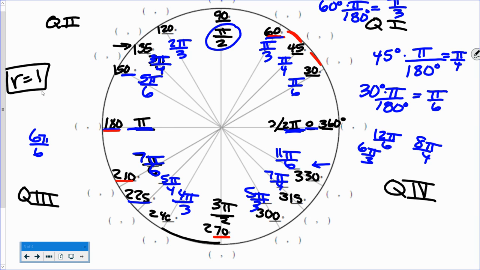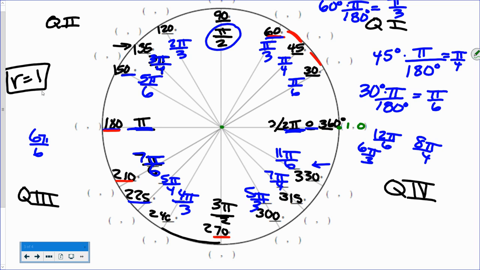All right, so we're going to fill in some of the easier points first. Right here's the center of my circle. My radius goes from the center to the outside of the circle, and if that length is 1, the coordinates for the point on the edge of that circle would be 1, 0.